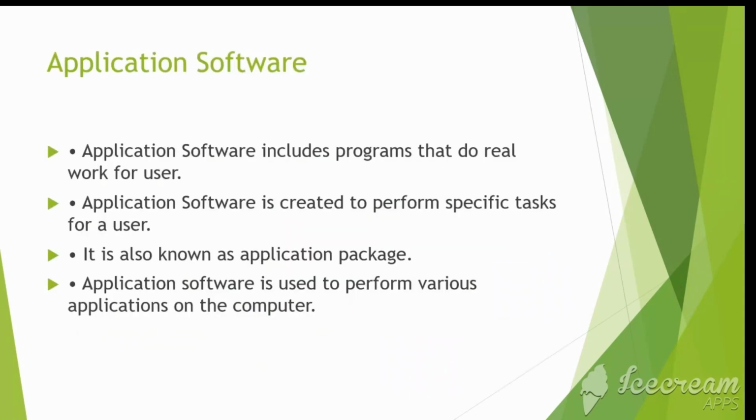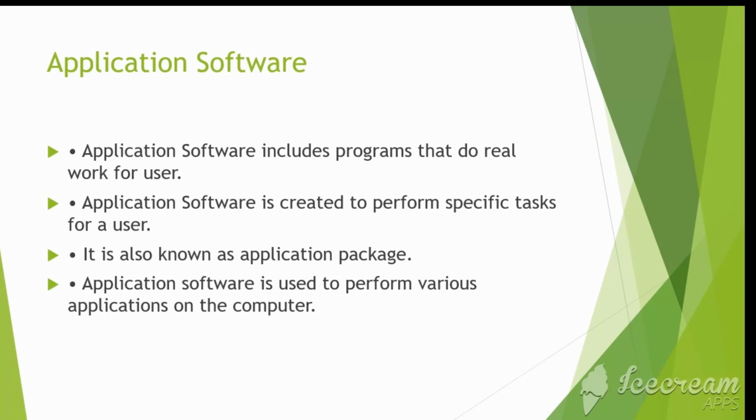So let's start with application software. Application software includes programs that do real work for the user. It is created to perform specific tasks for the user, and it is also known as an application package. Application software is used to perform various applications on the computer.